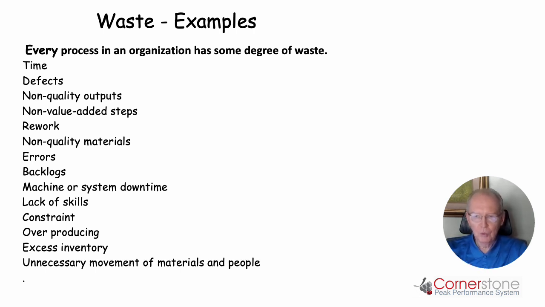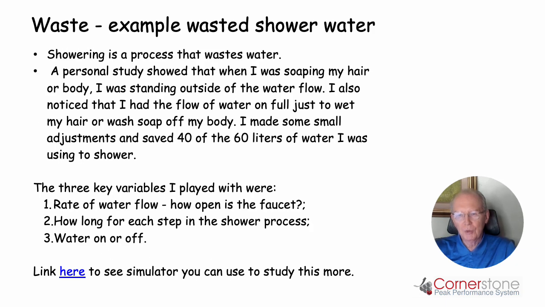And we mentioned before excess inventory, unnecessary movement of materials and people. So I want to share with you now how you can take process thinking into even something like having a shower. I'm always looking for processes that I'm doing or using and finding ways of doing them better, and I get satisfaction out of that.